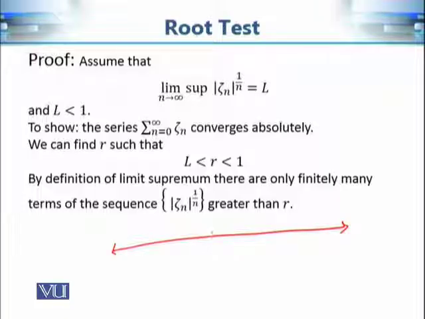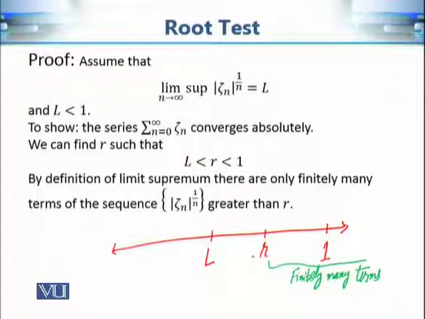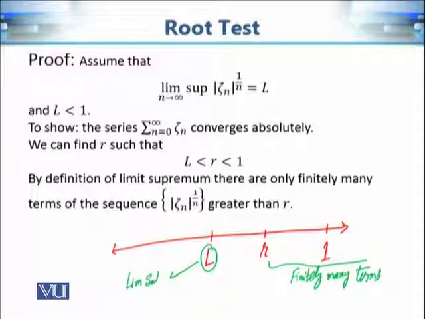Okay. Now let's say this is L, this is R, this is 1, and the claim over here is there are only finitely many terms over here. So this is the claim, and this claim is true by definition of the lim sup, because we know that L is the lim sup of this sequence as n approaches infinity.